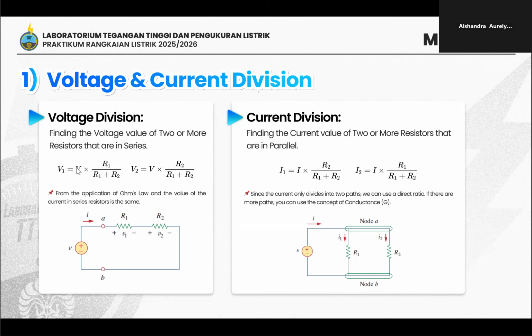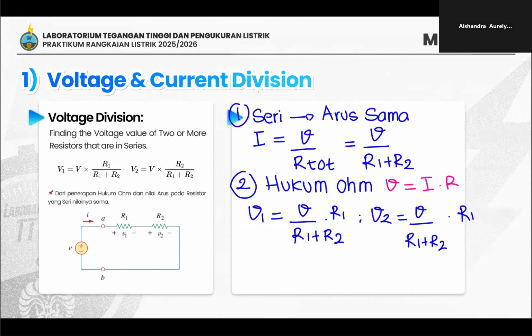The formula is derived from Ohm's law and the characteristics of voltage and current in different types of configurations. In voltage division, we got this formula from this circuit, which has a voltage supply that supplies two resistors in series, resistor 1 and resistor 2. Between these two resistors, they would have the same current value because they are in series.